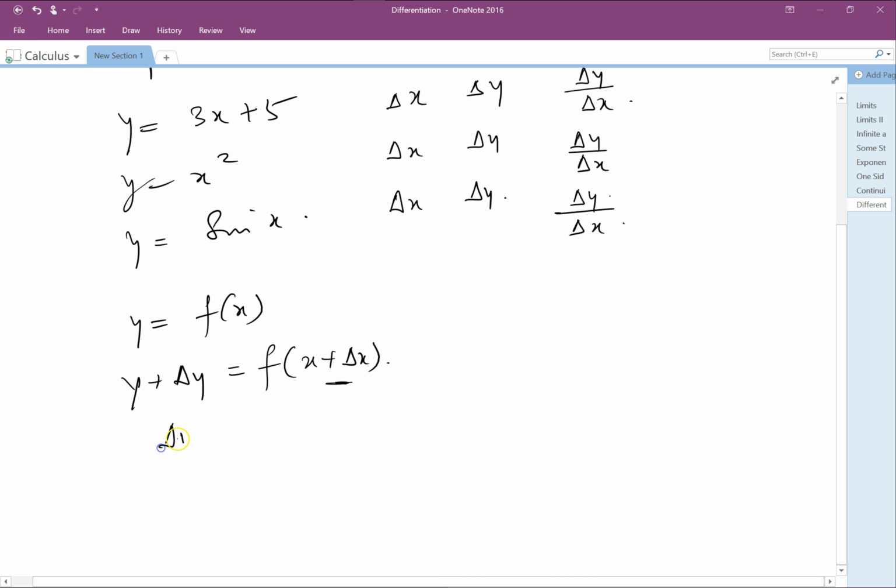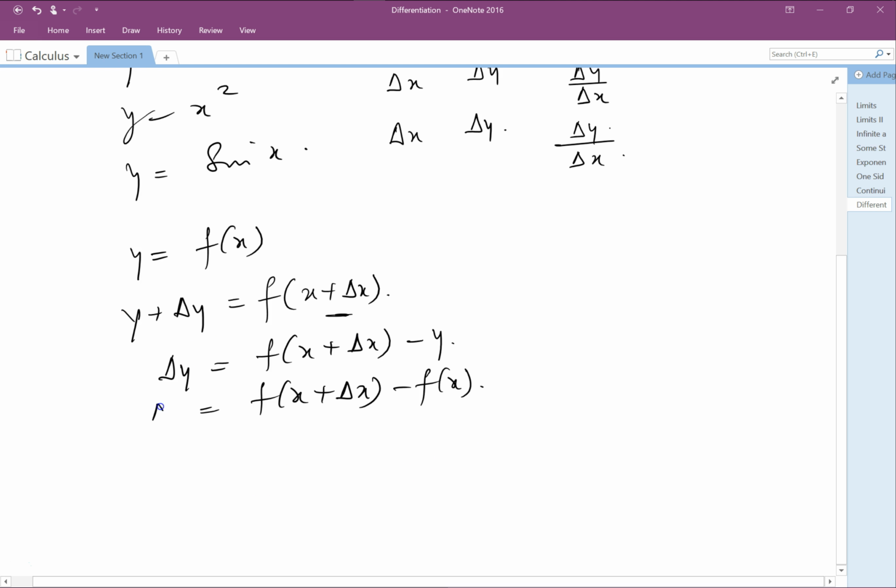Okay. Now let's bring in this y to the other side, minus y. Now we know y is nothing but f of x. So now we have change in y is equal to this. But the rate of change is what? Delta y by delta x. So which means this we divide by delta x.